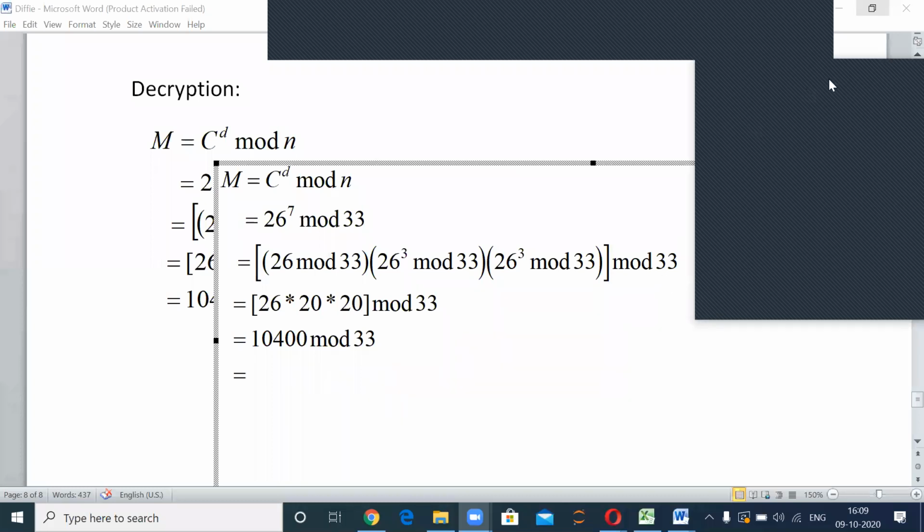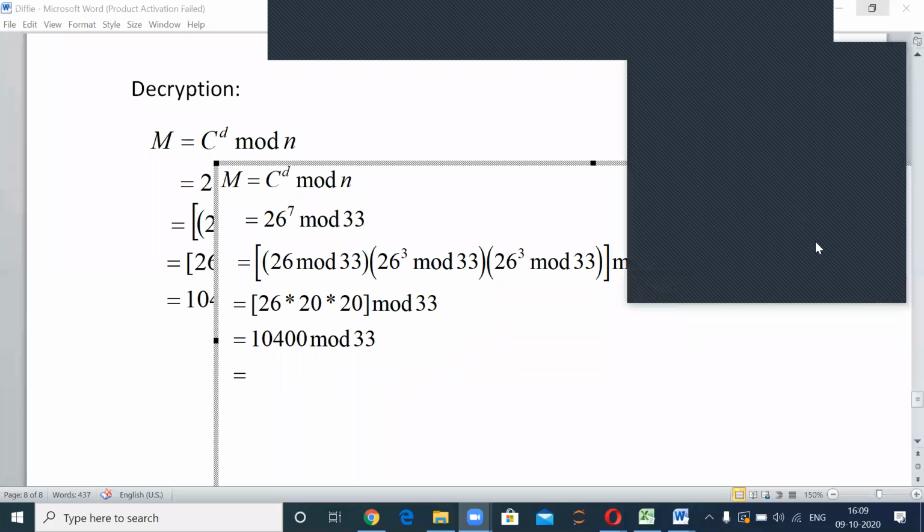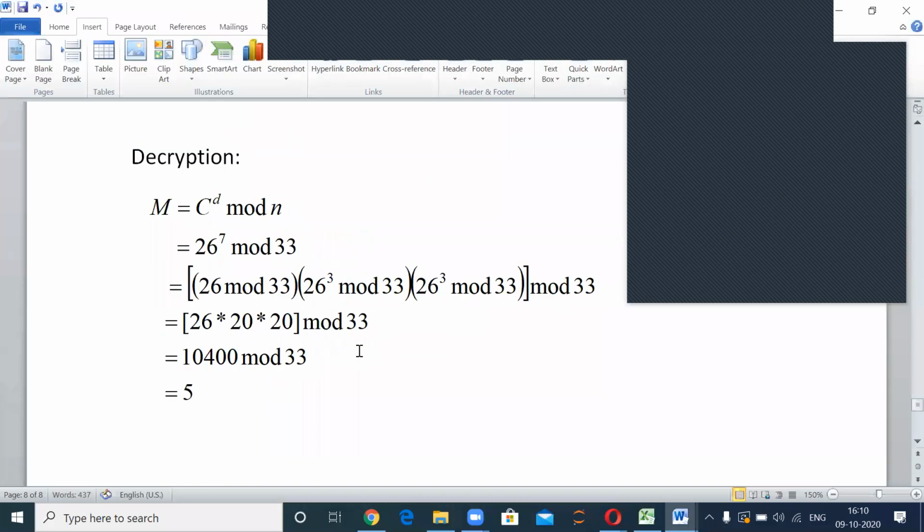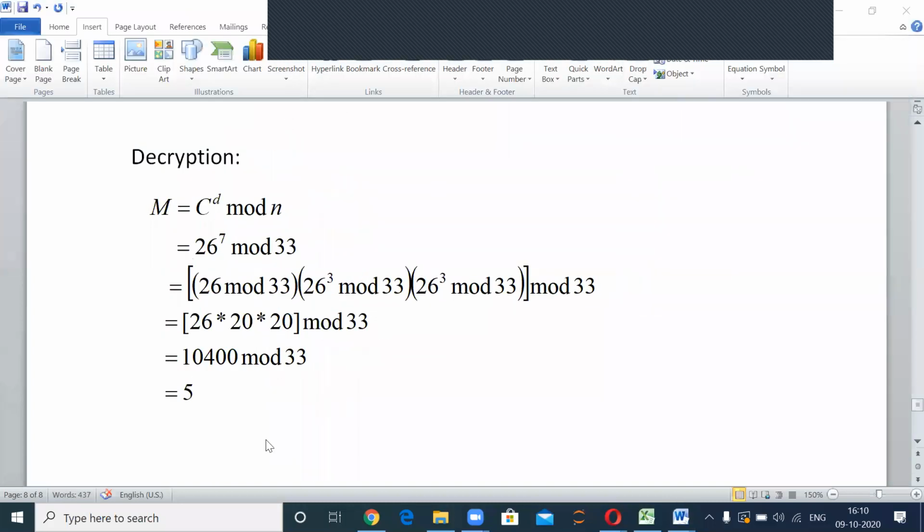The remainder value, 10,400 mod 33. 10,400 divided with 33, what is the remainder? Raise your hand. Tell me. 5, sir. Right. This is the original plain text value.